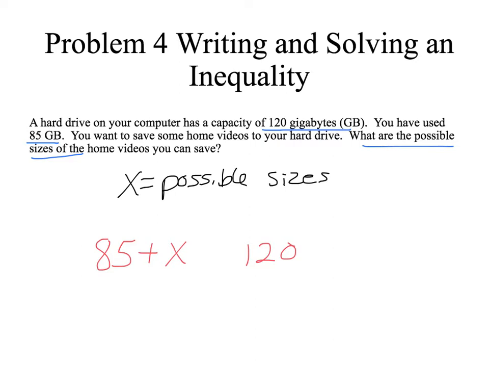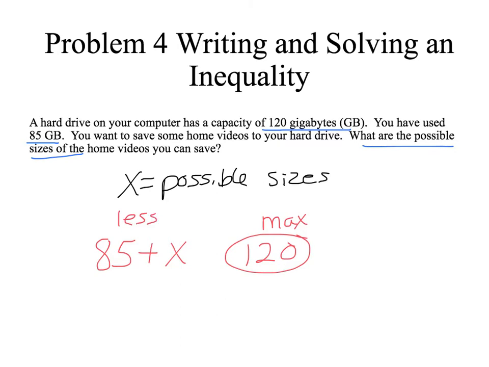Now you have to figure out, is it going to be less than or greater than? Well, if 120 is the max, this side over here has to be greater than this side. This has to be lower, or I could say less.